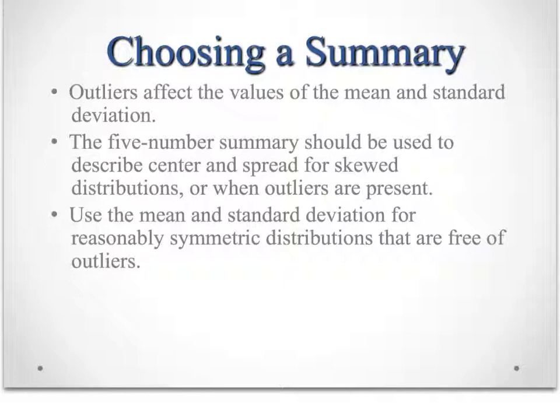The 5-number summary you should use to describe the center and spread when you have a skewed distribution or when outliers are present. But when you have something that's reasonably symmetric, it doesn't have to be dead-on symmetric, and you don't have outliers, you would use the mean and the standard deviation to describe those.